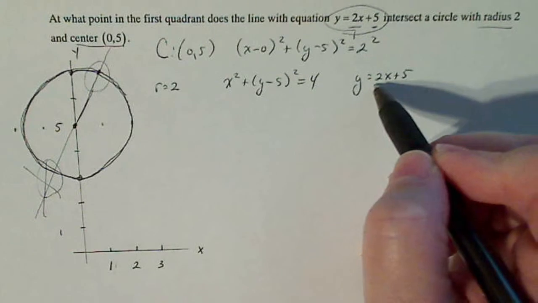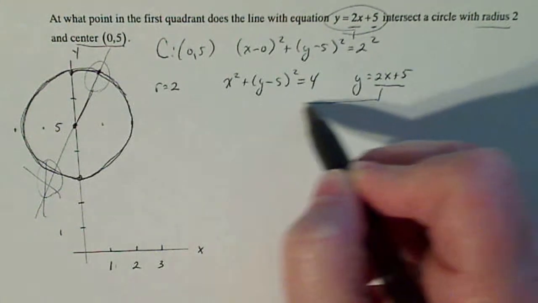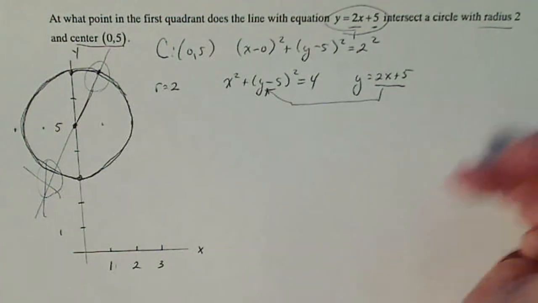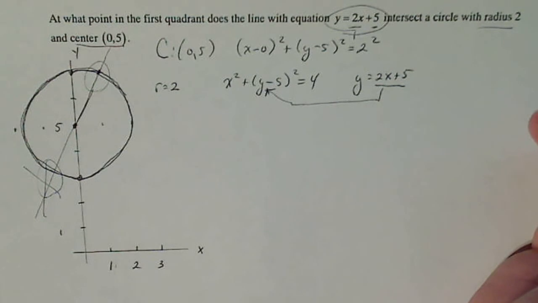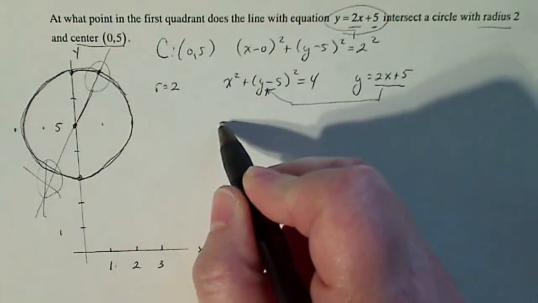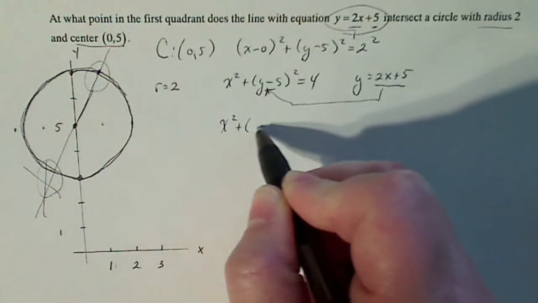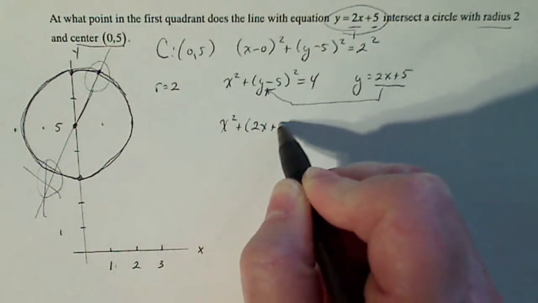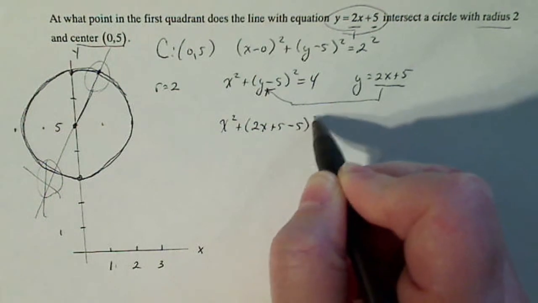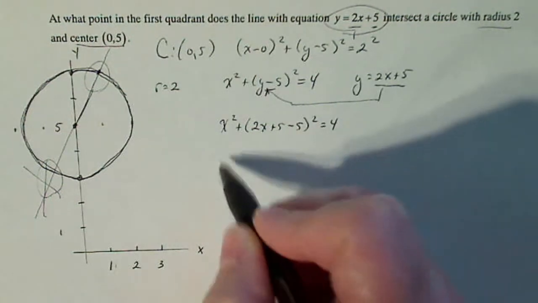So what I'm going to do is take 2x plus 5 and sub it in for y, because if the place at which they're intersecting is some point (x, y), that means that y and that y have to be the same. That's why I can substitute it in there. So that's going to give me x squared plus (2x plus 5 minus 5) squared equals 4.